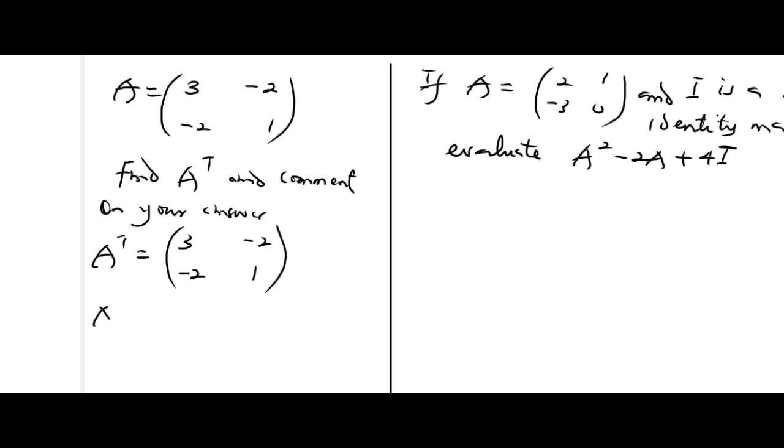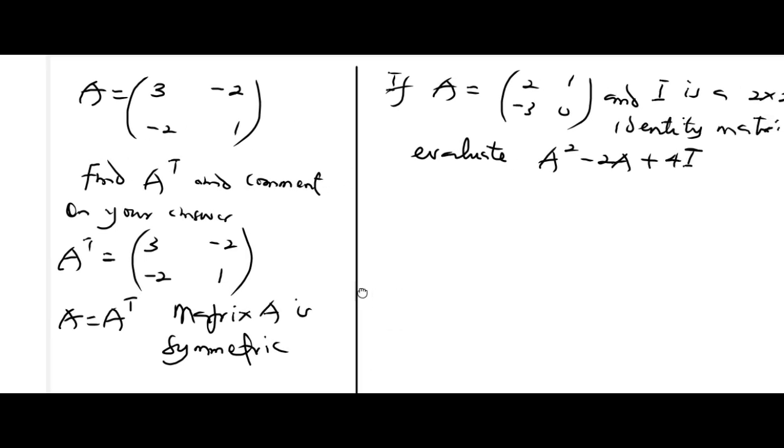Now you will notice that A is equals to A transpose. That is, the matrix A is equal to its own transpose. So the comment is matrix A is symmetric. Now, any matrix that is equal to its own transpose is known as symmetric matrix.